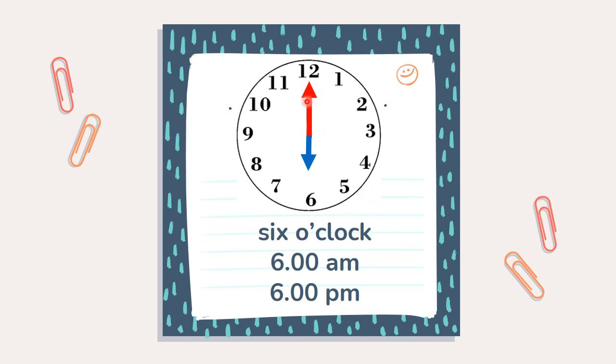This one, the long hand is still at number 12, so we use o'clock, while the short hand is at number 6, so we say 6 o'clock, or 6 a.m. or 6 p.m.